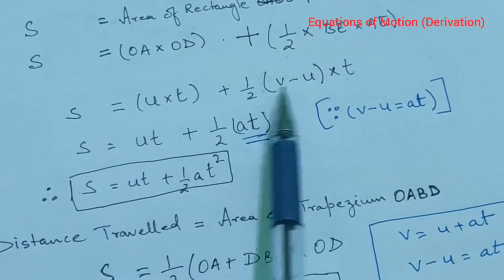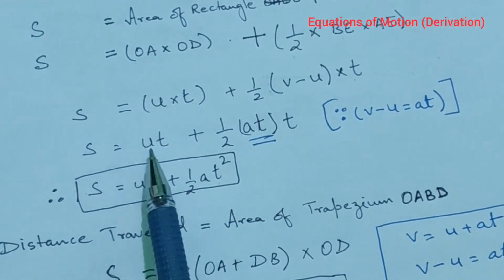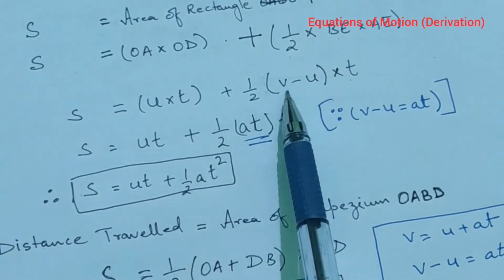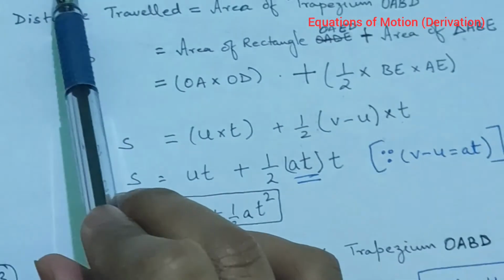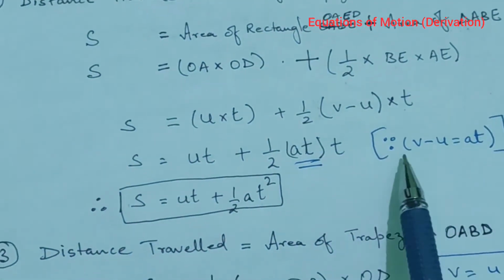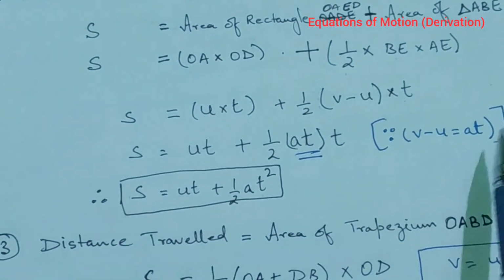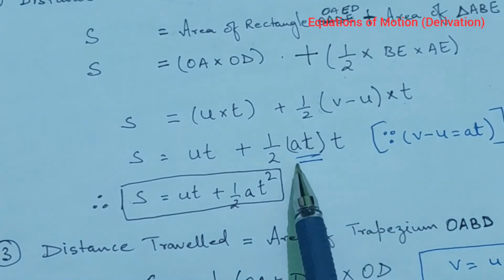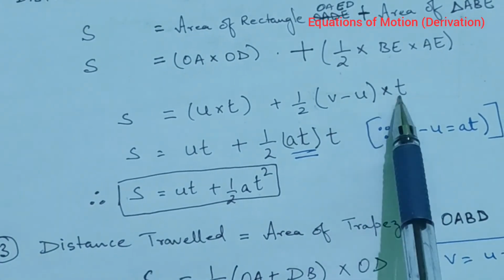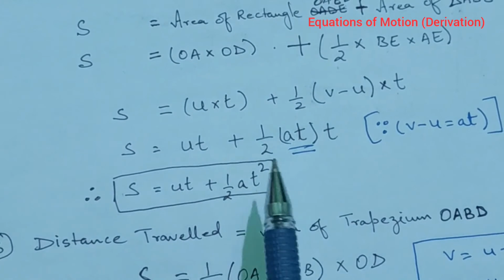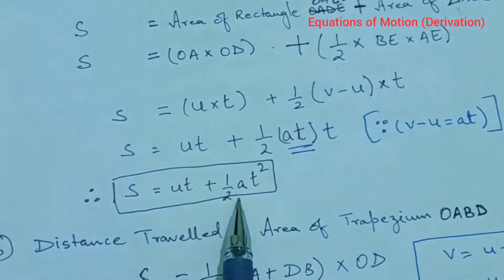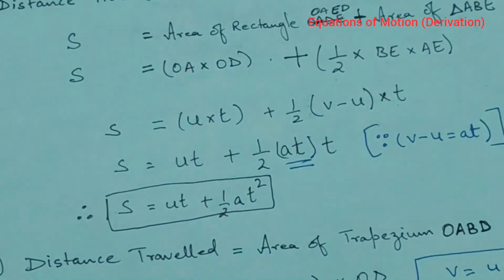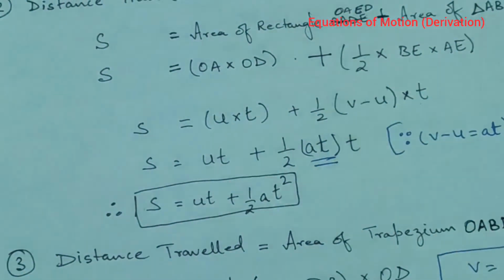Now simplifying, s is equal to ut plus half, and since v minus u is equal to at, we substitute at multiplied by this t. Simplifying again, we get s is equal to ut plus half at square. That is the second equation of motion.